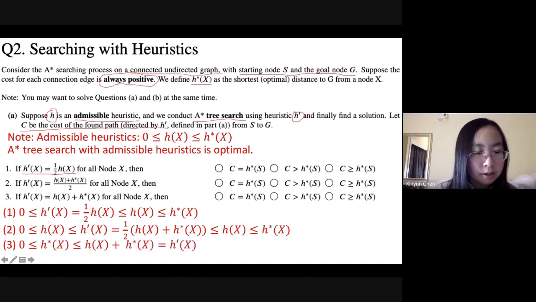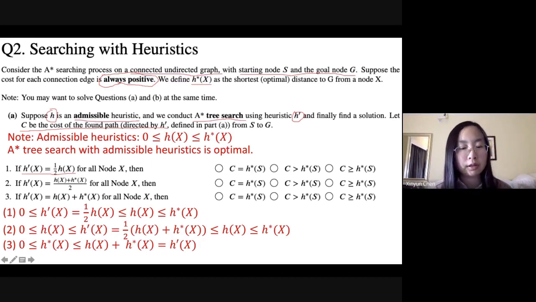Then for the third subproblem, since H prime is a non-negative number plus H star, with this new heuristic we only know that H prime will be not smaller than H star, but definitely when H is greater than 0, then H prime becomes not admissible anymore.